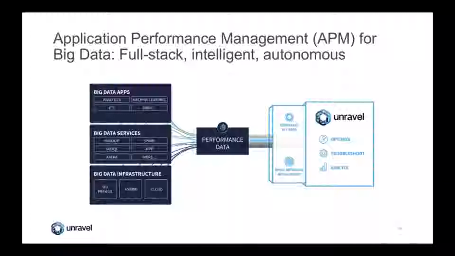In a nutshell, what Unravel does is it collects telemetry information from every level of the stack, from the applications, from the services and platforms, all the way down to the infrastructure. All of this telemetry information continuously streams into the Unravel platform, where through advanced visualizations as well as AI and ML applications employed within Unravel, we can correlate and convert all of this data into deep insights.